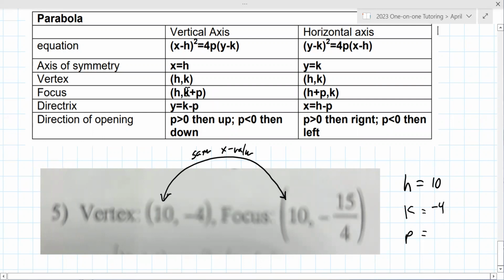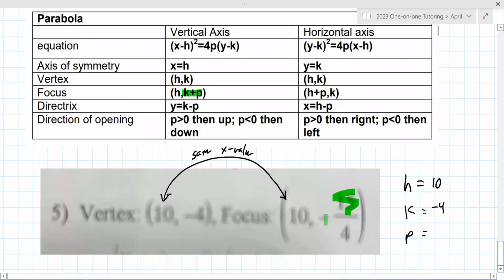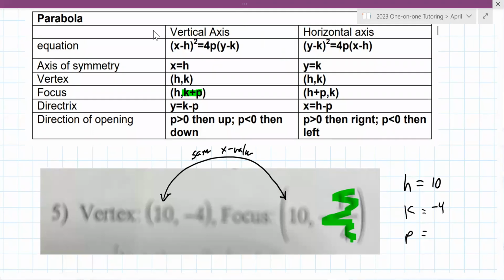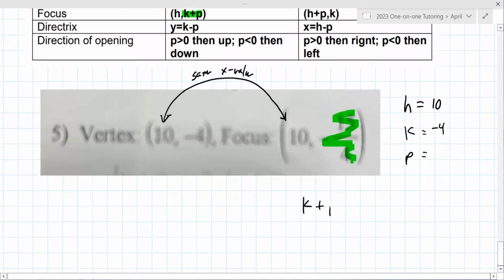The focus says that K plus P is minus 15 over 4. So we're going to write that equation. K plus P equals minus 15 over 4. And hopefully you know K so that you can find P. And you do know K. K is minus 4.